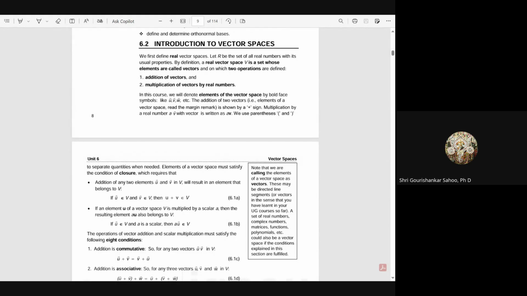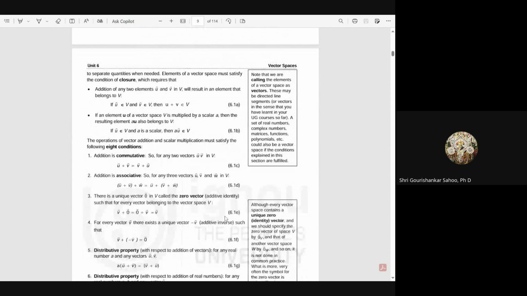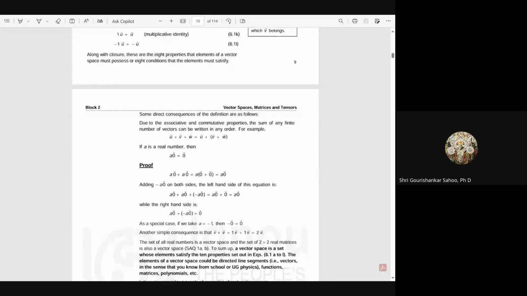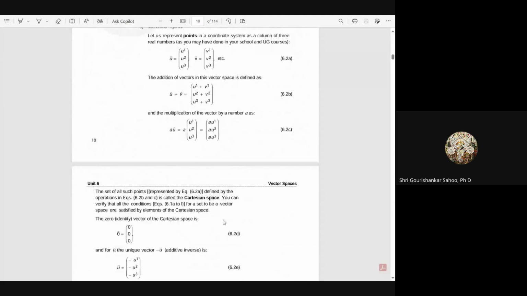A real vector space V is a set whose elements are called vectors and on which two operations are defined. One is addition of vectors, another is multiplication of a vector by a real number, you know it. Then elements of a vector space must satisfy the conditions of closure, commutativity, associativity, distributivity, and successive multiplication by real numbers, these properties. And here are the proofs.